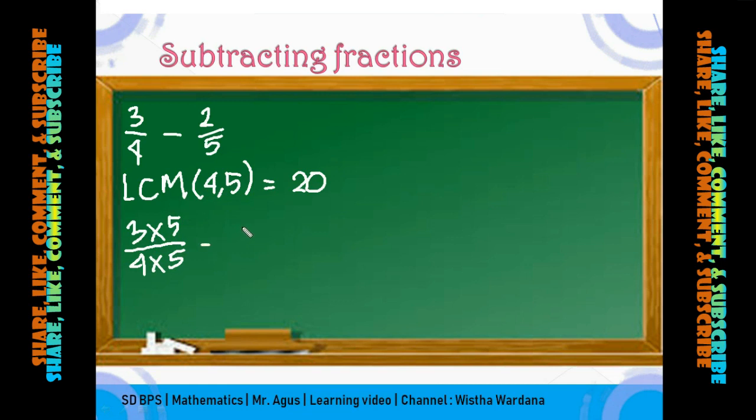And then 2 per 5. To change 5 to be 20, you have to multiply 5 by 4. If you do like this, you have to do same thing with the numerator. So 2 times 4.